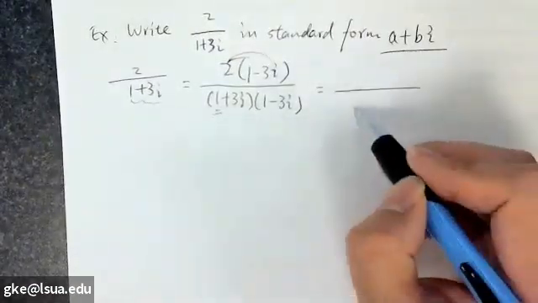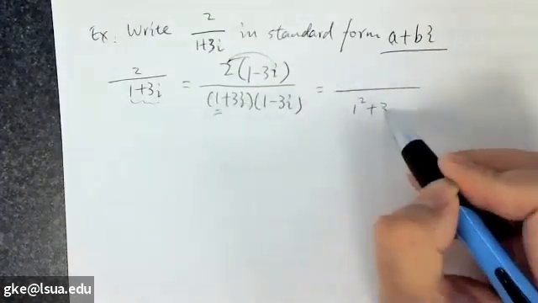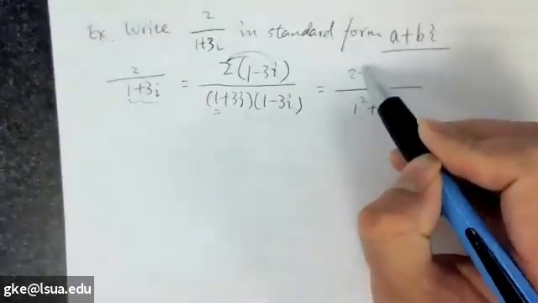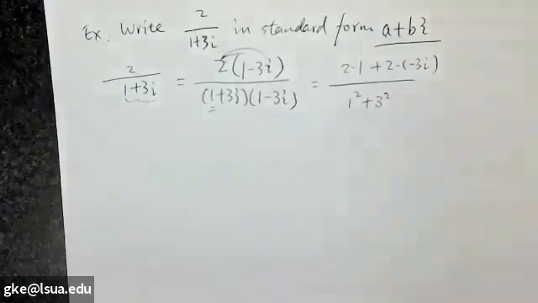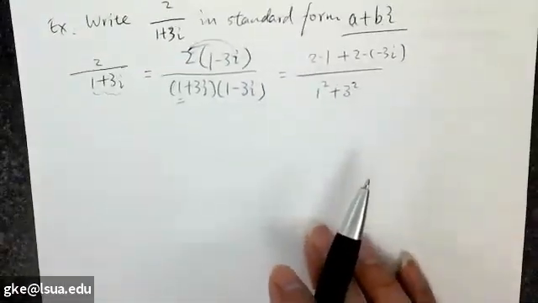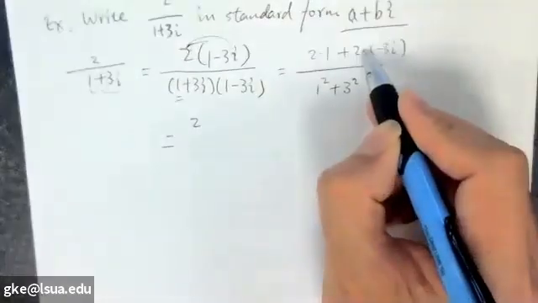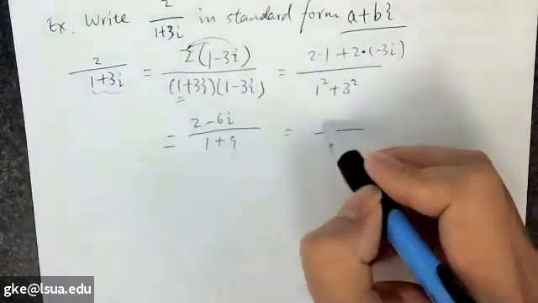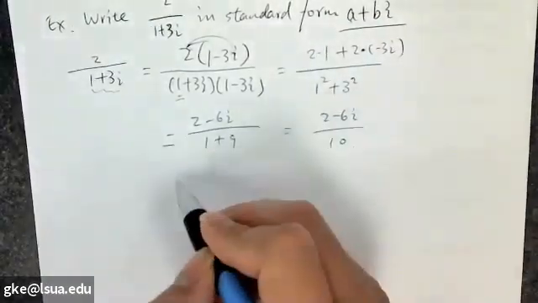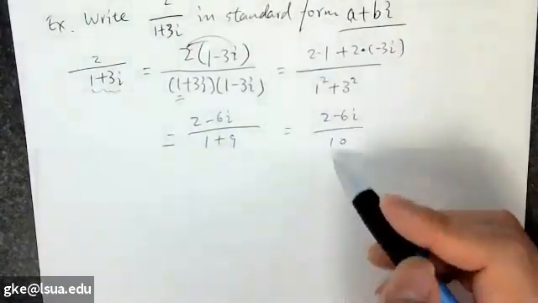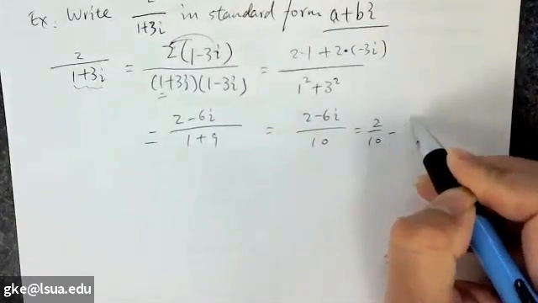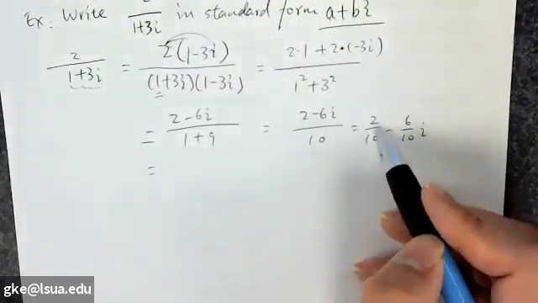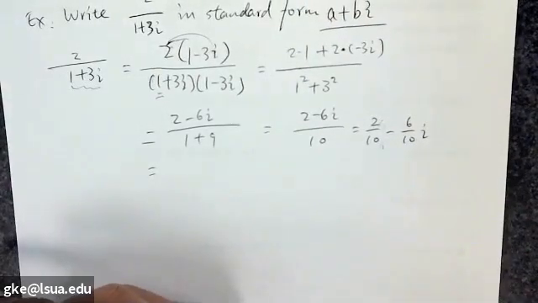For the denominator, we use the formula z times z bar equals a squared plus b squared, and for the numerator, we're gonna use distribution. That's it, right? We combine these two types of problems together. So let's take a look. For the denominator, a is 1, b is 2, and the distribution: 2 times 1 plus 2 times -2i. So we have 2 times -2 gonna be -4i, 1 plus 4, 5. Of course, some of you can simplify it.